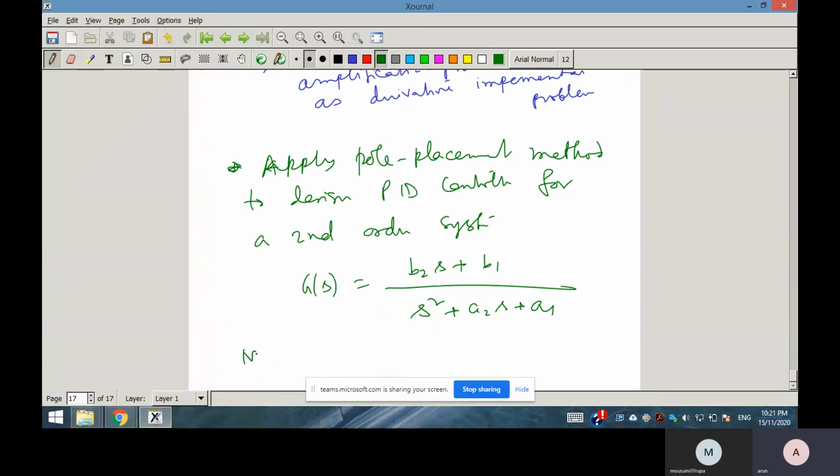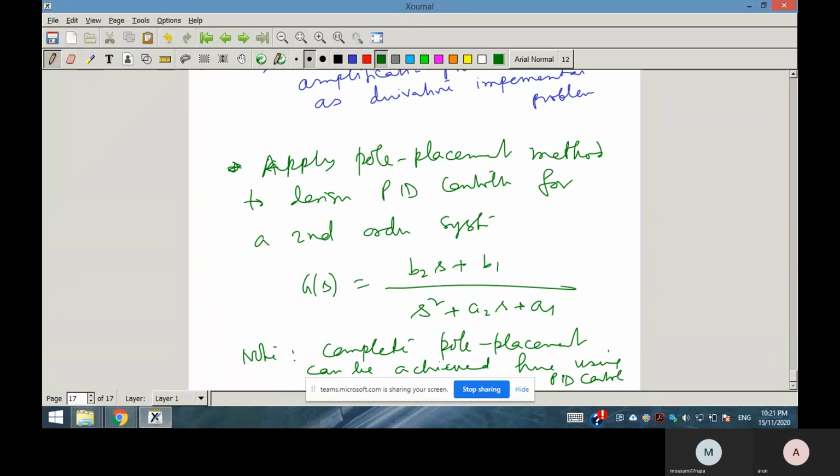So note, complete pole placement can be achieved here using PID control. So for a second order system, if you want to design a PID controller, you need not use Ziegler-Nichols and all those things, because complete pole placement you can achieve.